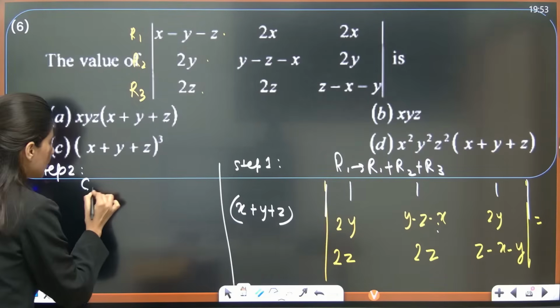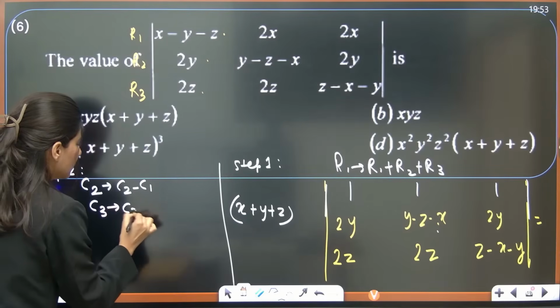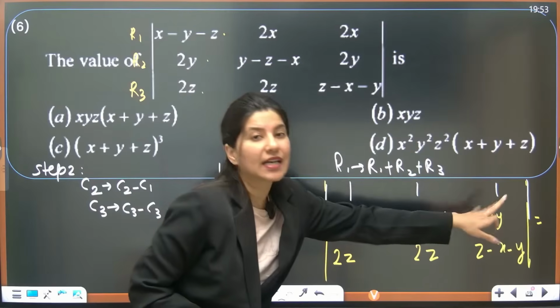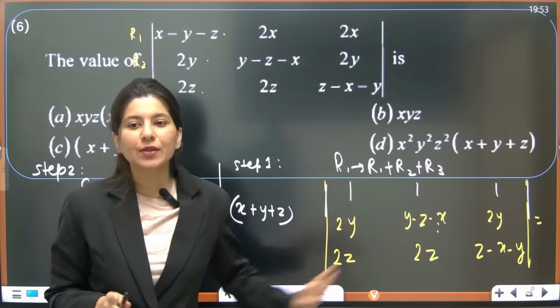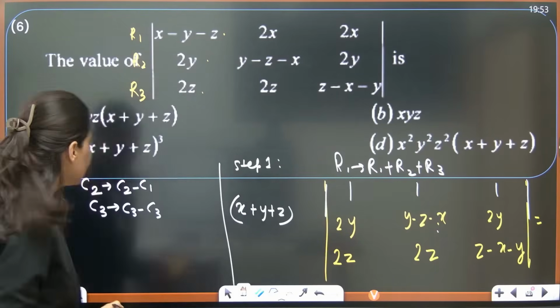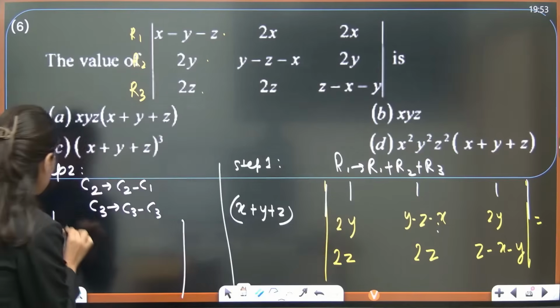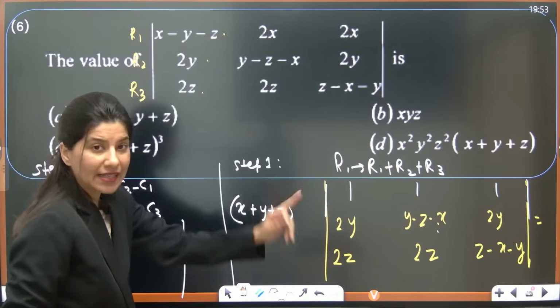So two operations: C2 goes to C2 minus C1, and C3 also goes to C3 minus C1. Why am I doing this? Because I want 0 over here and 0 over here. 1, 0, 0 is the standard approach to calculate the value of a determinant, right? So C1 will remain the same. This is column 1, so I am keeping it the same. But C2 and C3 will change.